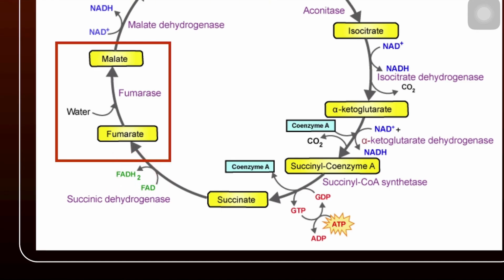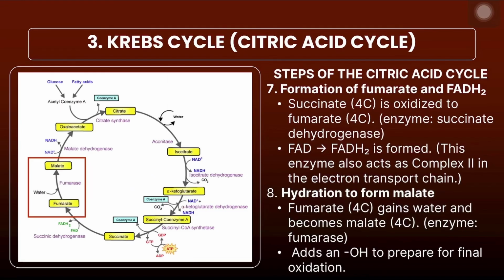That FADH2 will later transfer its electrons to the electron transport chain. This FADH2 helps to make ATP, but compared to NADH, it produces a little less energy.